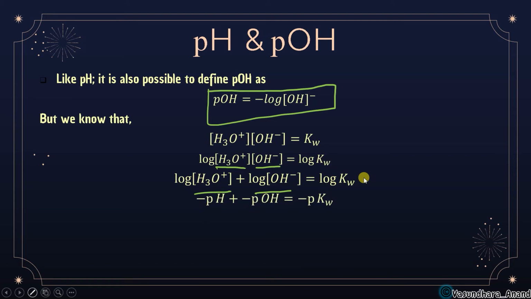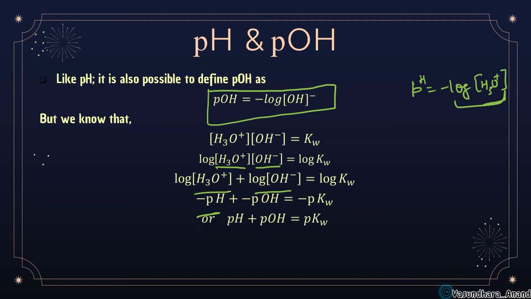Now, log H3O plus can be considered as minus pH, isn't it? In the last slide we have done, pH is equal to minus log H plus or H3O plus. So if I take log H3O plus, it will be minus pH. Similarly, minus pOH is equal to minus pKw. Similarly, we can say, take the minus common, and it will be pH plus pOH is equal to pKw. Clear?